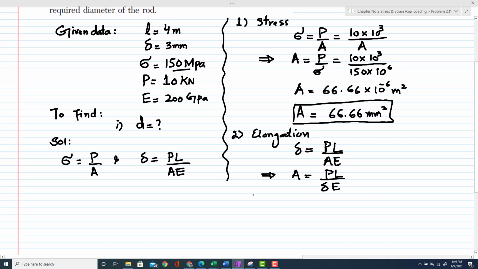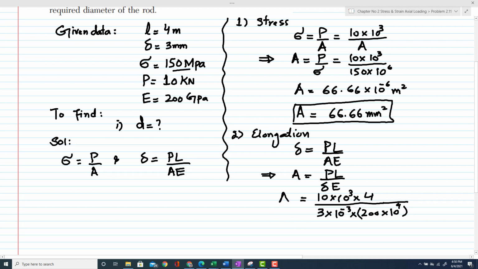Now we have all the values. P is 10 into 10 raised to power 3, L is 4 meter, divided by change in length, which is 3 millimeter, that is 3 into 10 raised to power minus 3, and E is 200 gigapascal, so 200 into 10 raised to power 9. Clear?